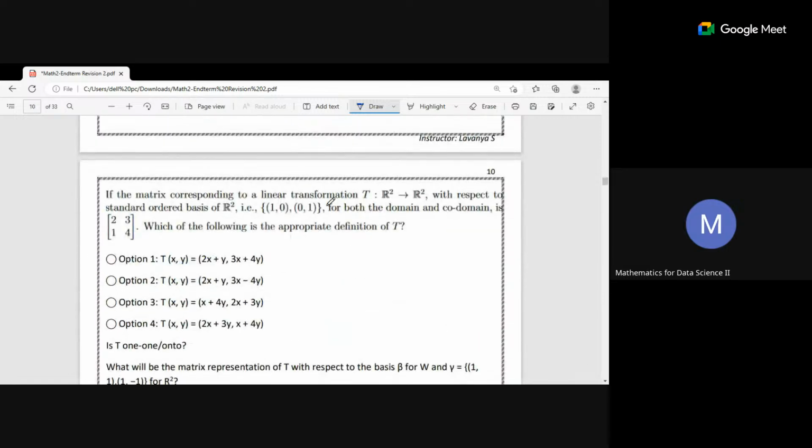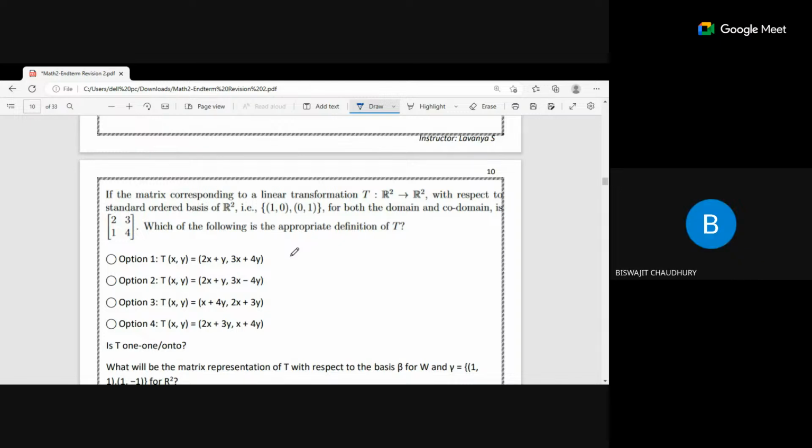If the matrix corresponding to a linear transformation T from R2 to R2 with respect to the standard basis for both domain and codomain is given, how do you find the corresponding transformation? Given a matrix, how to find the transformation? Ma'am, you can find T of (1, 0) and T of (0, 1).